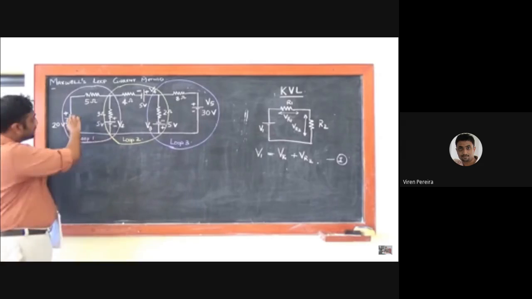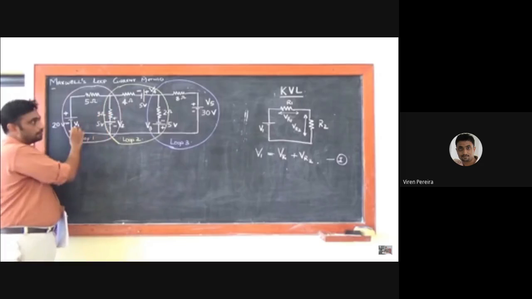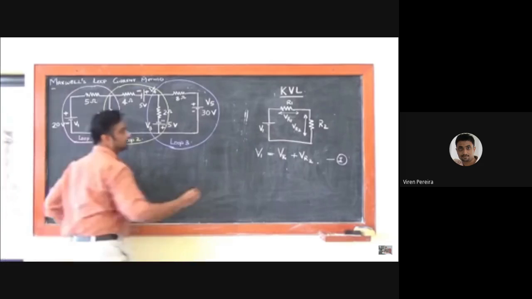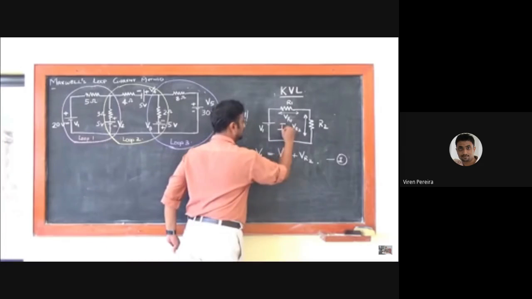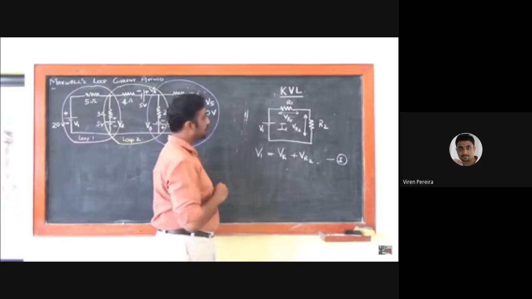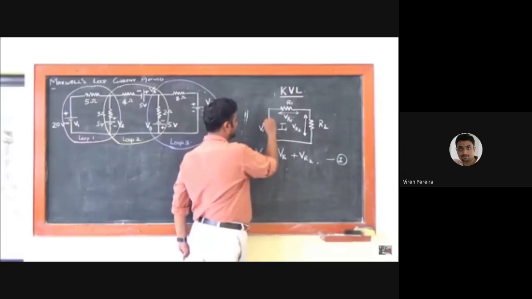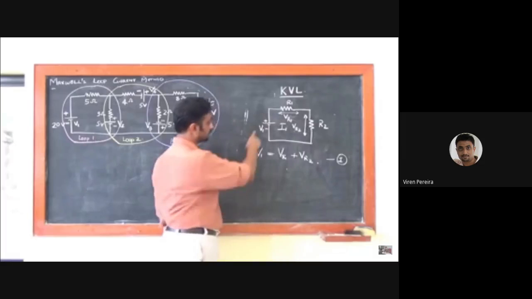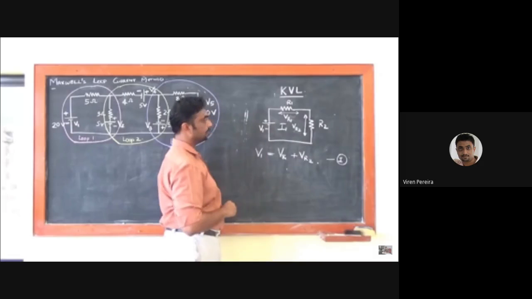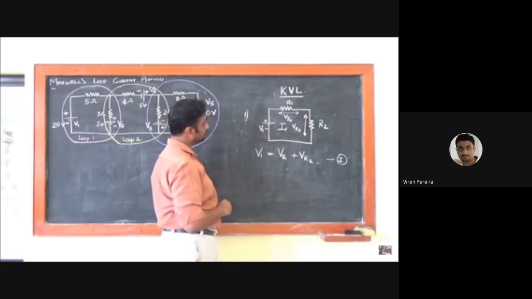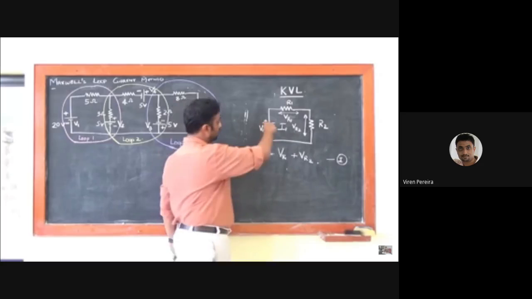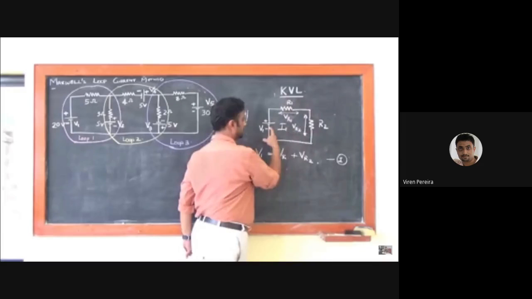Now, there is a current flowing in this loop in the same way our current flows in this loop. But the direction of current is very well known because this is positive and this is negative. So current flows from positive to negative.